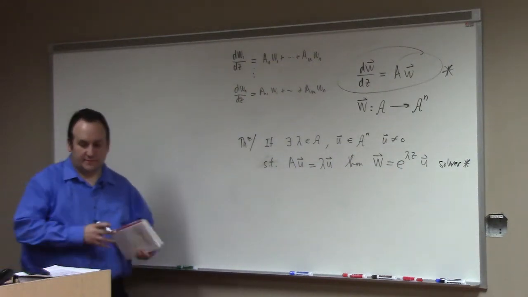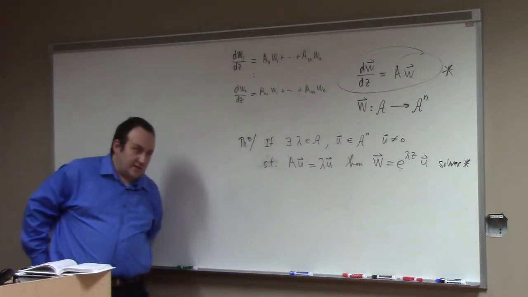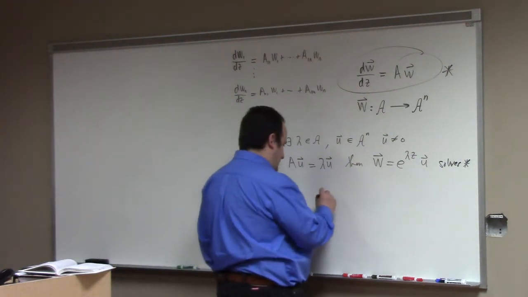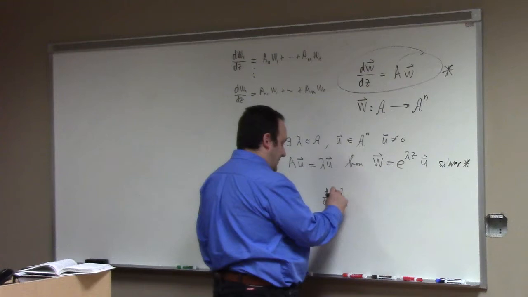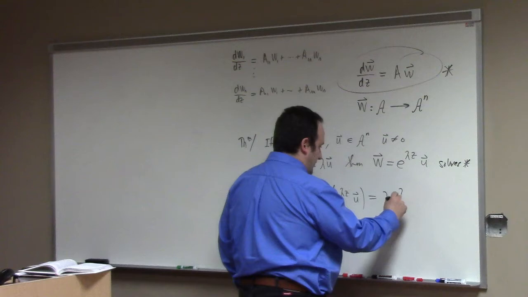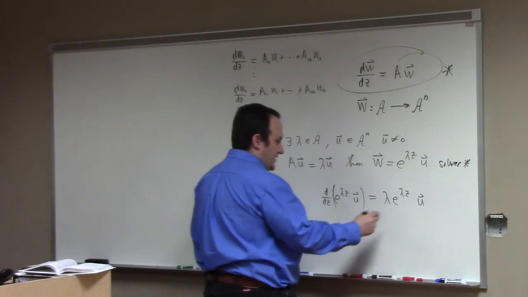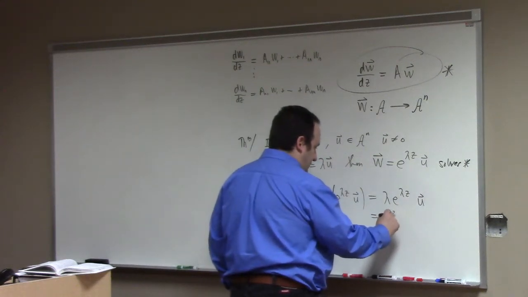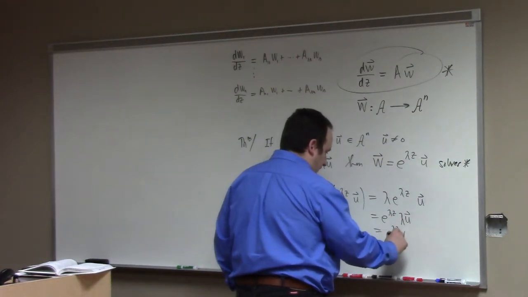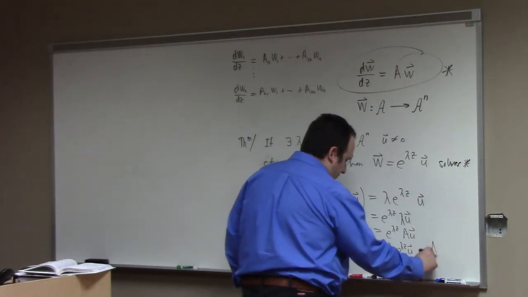The proof of this is not complicated, nor is it different from the one you saw in differential equations if you took it. Just differentiate e to the lambda z u with respect to z, by the rules of calculus that I have almost explained in here, and the u is constant, so it just rides along. Then we can pull the e to the lambda z out. We get a lambda u, which of course is Au, which is A e to the lambda z u, which is Aw. Okay, great.